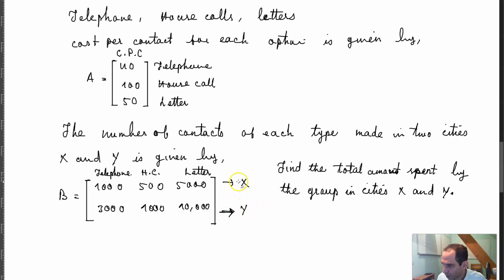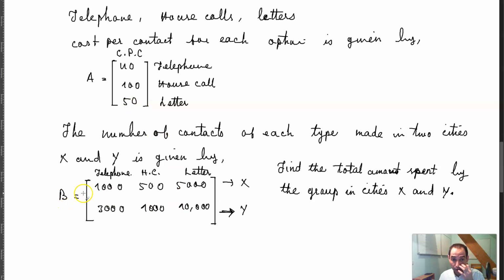So if I calculate BA, I would be multiplying 1,000 times 40 plus 500 times 100, and 5,000 times 50.